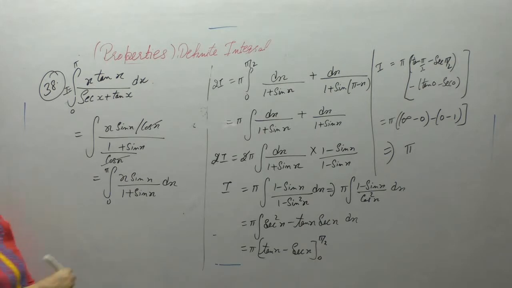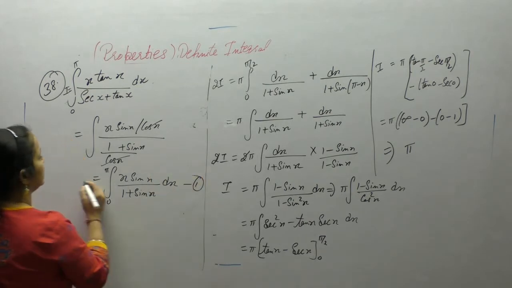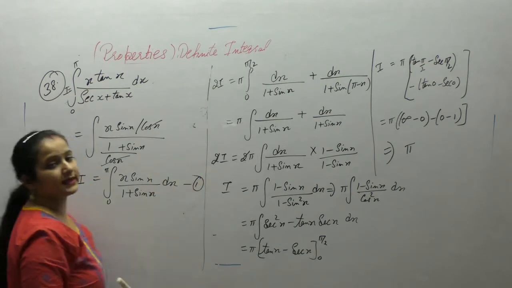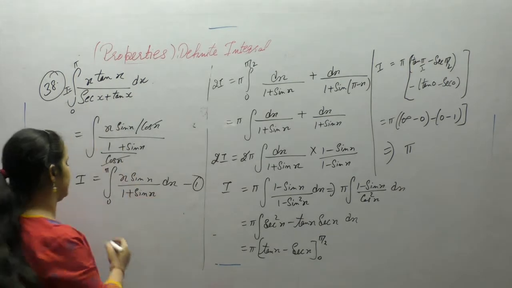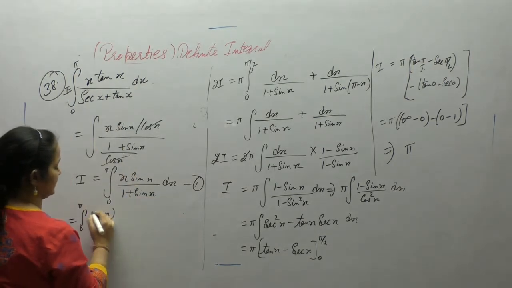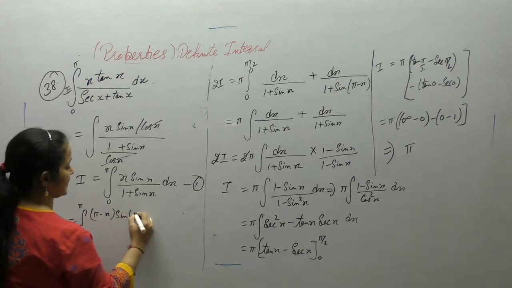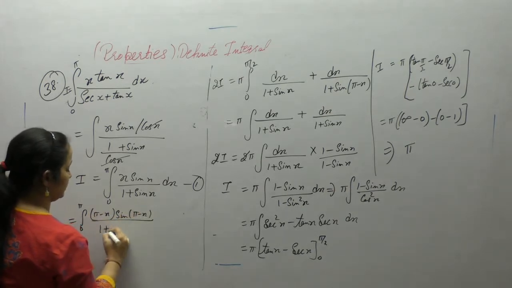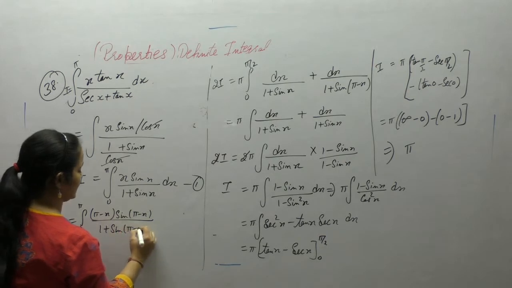Now let it be I1. Now apply the property, integral of 0 to a f of x dx equals 0 to a f of a minus x: sine of pi minus x upon 1 plus sine of pi minus x.